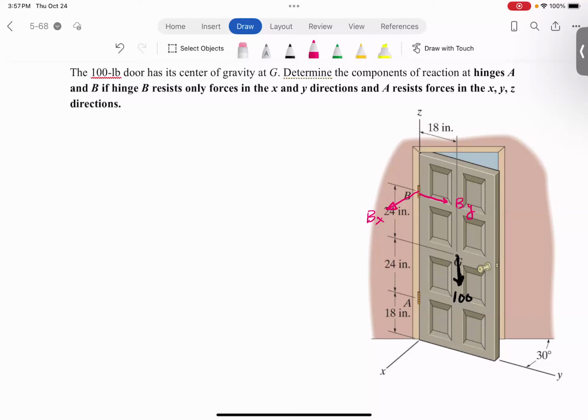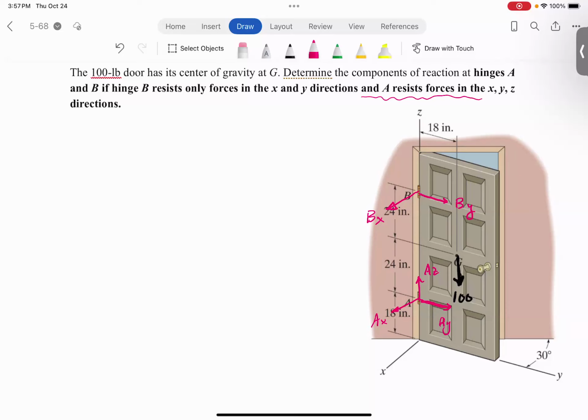I really don't know if these are the correct directions, so I'm assuming they're in the positive direction, and nothing in the Z. Well, it says A resists forces in X, Y, and Z. So in general, we'll say, okay, A has an X component of reaction, a Y component of reaction, and Az.